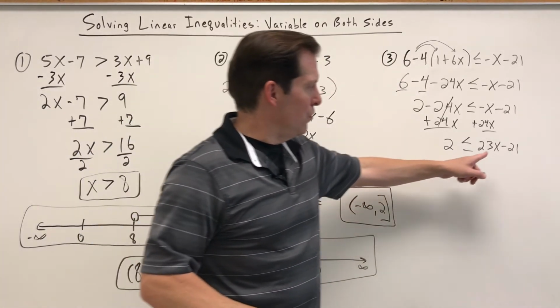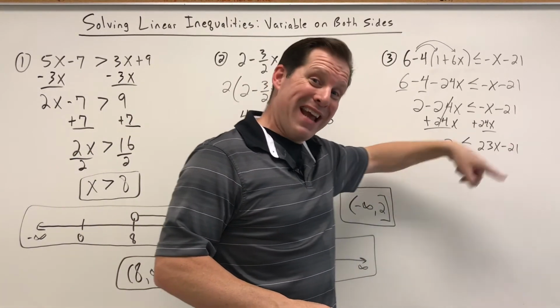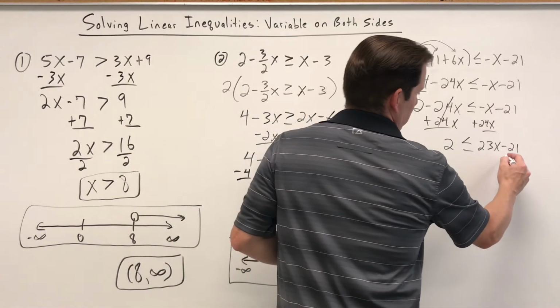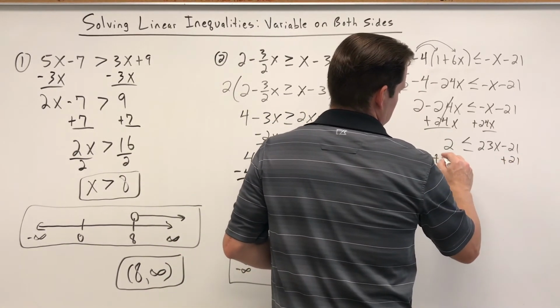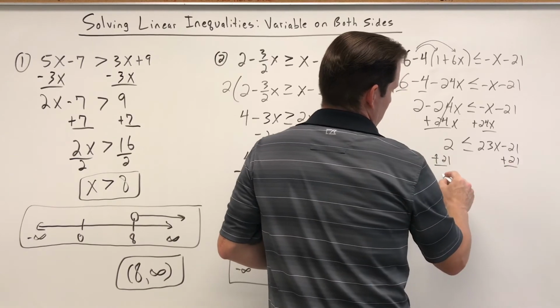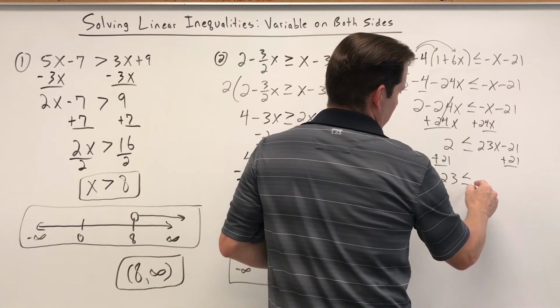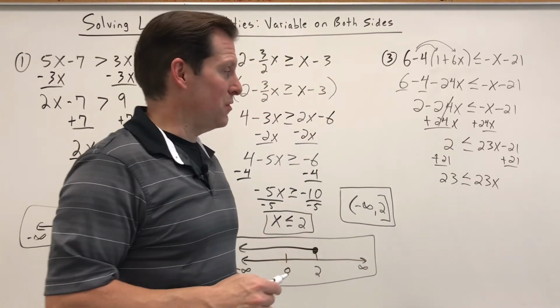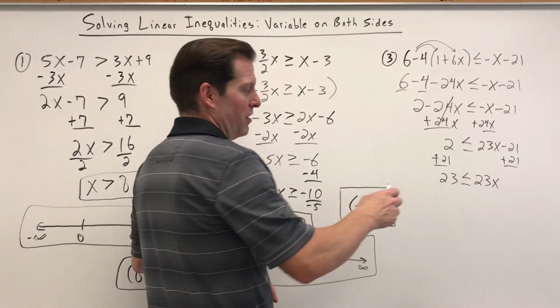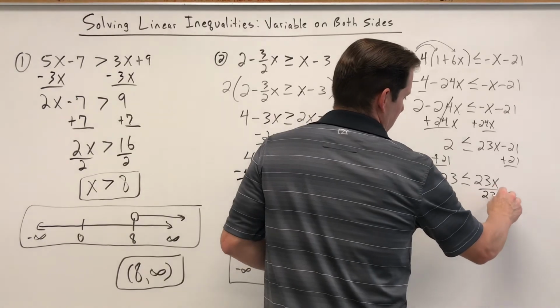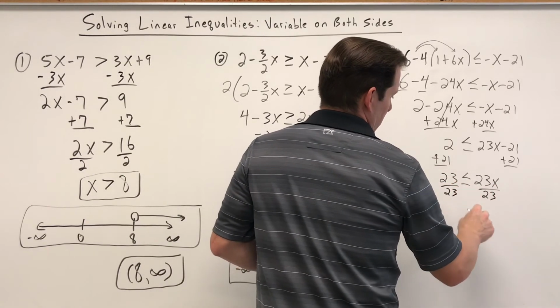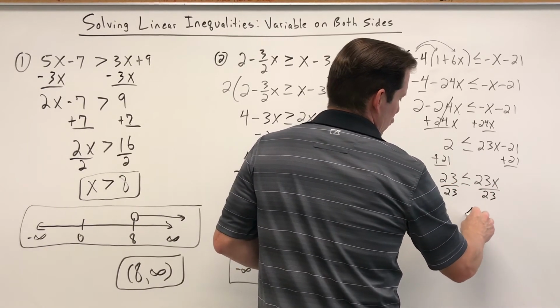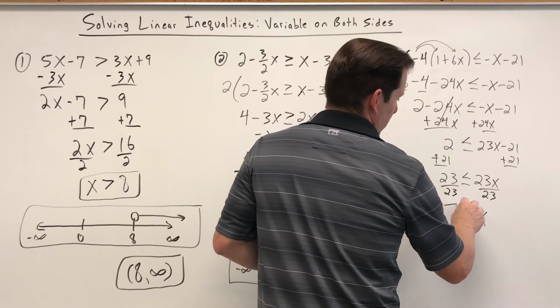So now I'm going to move the minus 21, so I'm going to add 21 to the other side. So that gives me 23 is less than or equal to 23x. That worked out nicely, especially when we're going to divide this now. So we're going to divide both sides by 23. And then that gives us x is greater than or equal to 1.